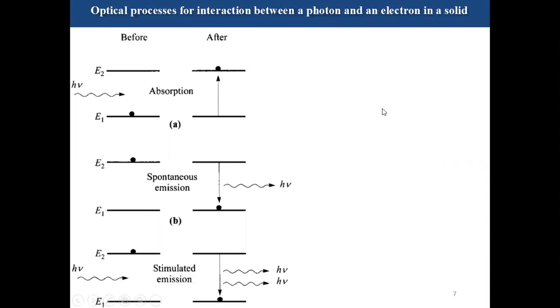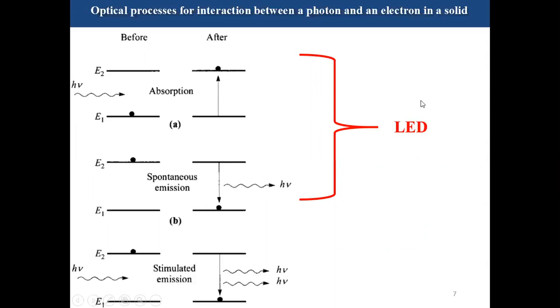Now, the optical process for interaction between a photon and an electron in a solid makes LEDs. So if you have a photon coming in, and it gets absorbed, then the electron goes to the conduction band. Whereas with spontaneous emission, it gives away a photon.